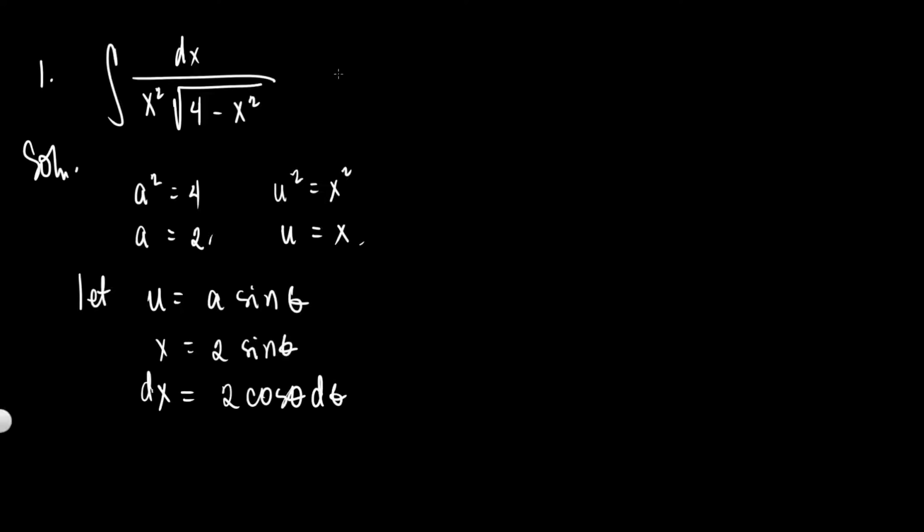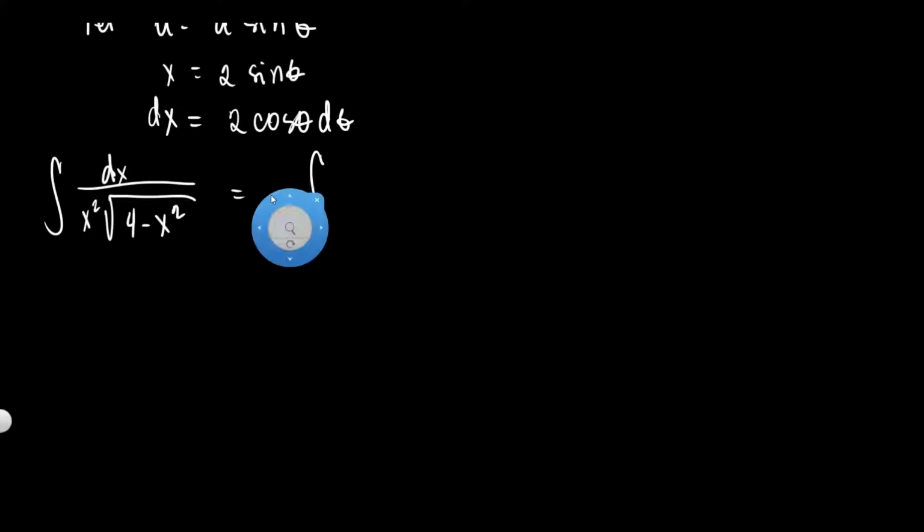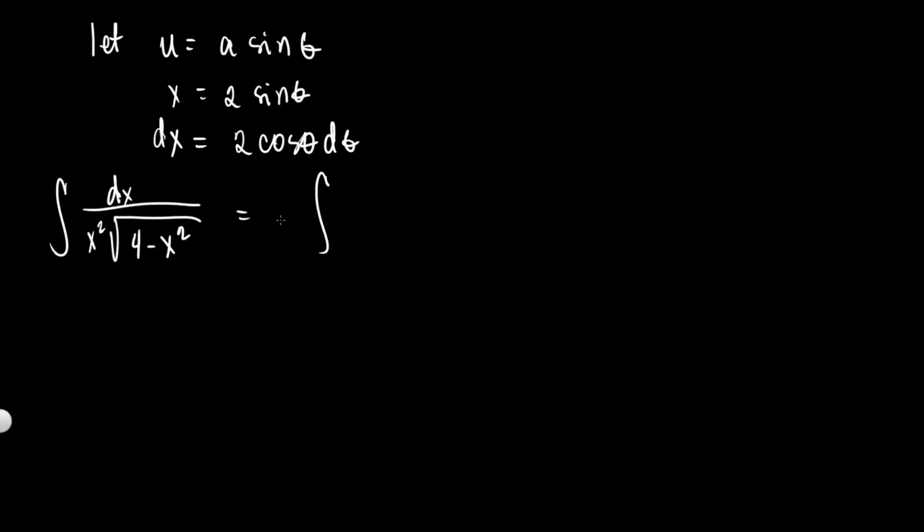Okay? Now, balik tayo dito sa original nating integral. Sulat ko lang ulit dito. So, the integral of dx over x squared times the square root of 4 minus x squared is equal to, ang gagawin natin is substitute. What is dx? Dx is this one.